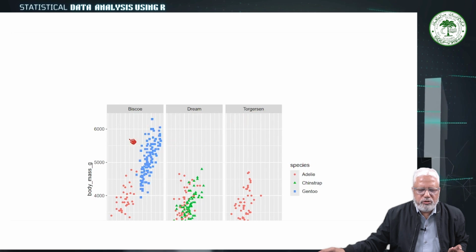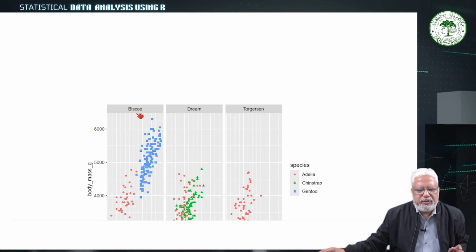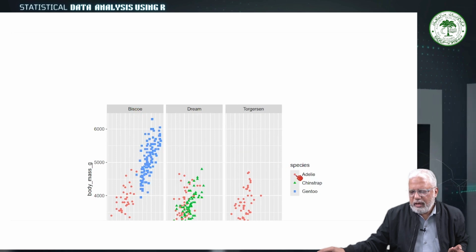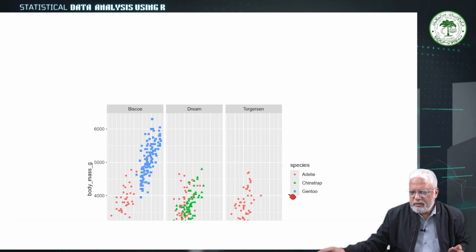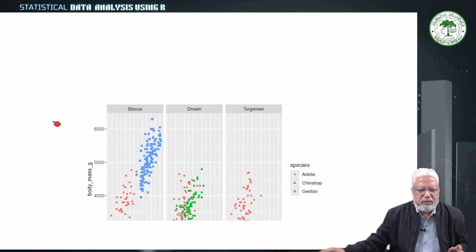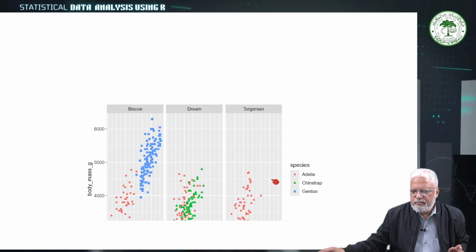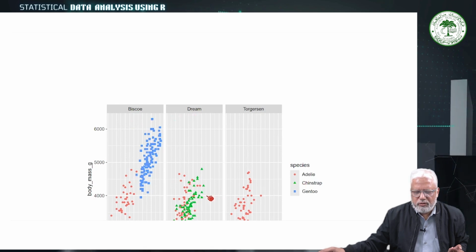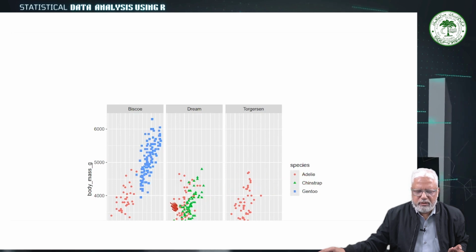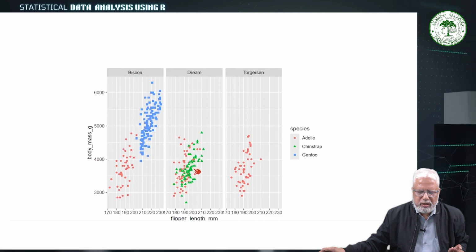So here on Biscoe island, we have only Adelie and Gentoo, and their range is higher up to this. Whereas in Dream Island we have only Chinstrap and Adelie, and their range is up to here, the body mass range.